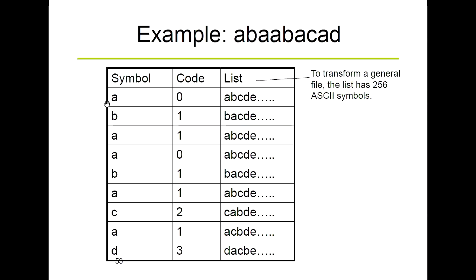Now the idea of doing that is, if I have the symbol Z, Z, Z, the first time I refer to it is 25, because it's 0-based, 26 letters. But the second time I refer to it is 0, because I moved it to the front. So even if a symbol is at 255, whatever, even if they're very bad, if you refer to them often enough, their value will be brought down to a smaller value, because they will move closer to the front of the queue.